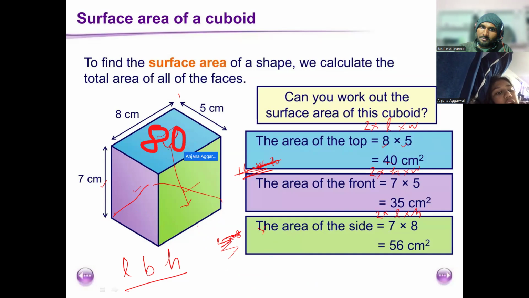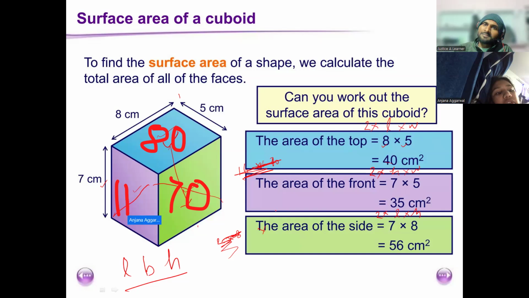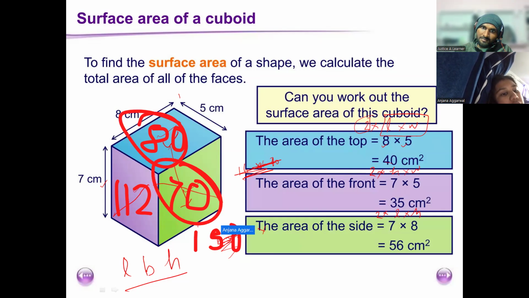Front and back is 35 plus 35, 70. These two are 150. So what are you doing? Initially you're doing the same thing, L into W, and multiplying it by 2.